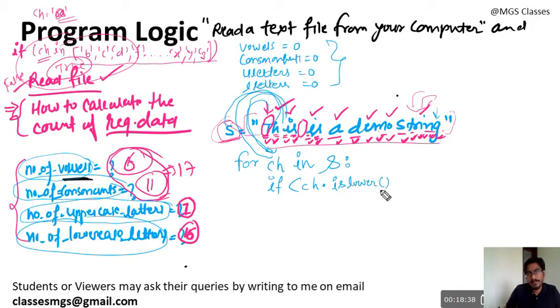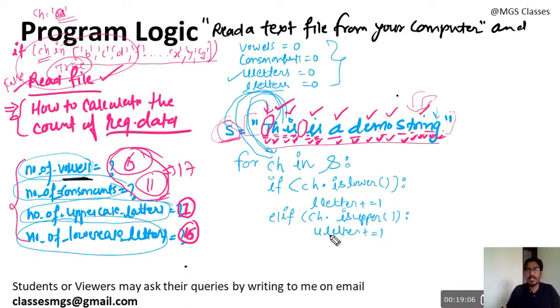If it is lower, then what we will do, we will increment the l_letters count: l_letters plus equals 1. Otherwise, elif ch.isupper(), let's suppose this is not lower, then it might be upper. If it is upper, then we will increment this variable: u_letters plus equals 1. Whatever value it was having previously, we will add plus 1.